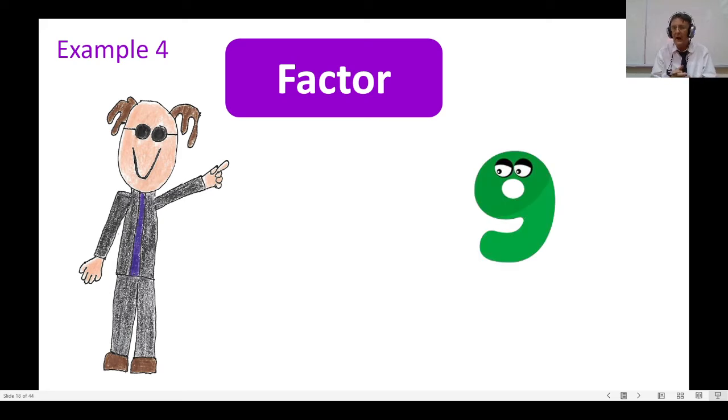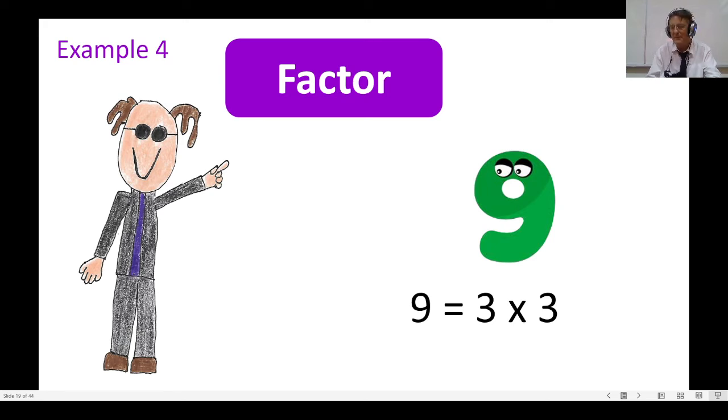Factor 9. So the question is, 9 equals what times what? What times what equals 9? Yes, of course, it's 3 times 3.